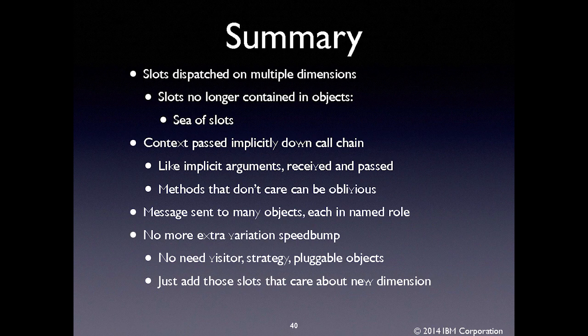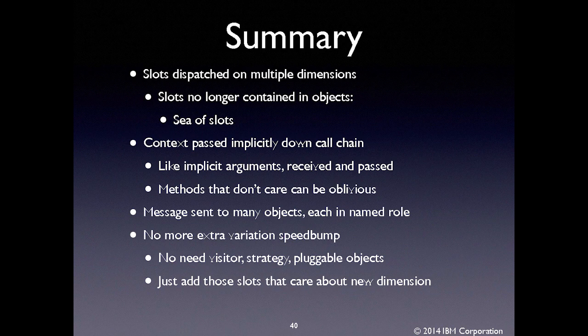So, slots are dispatched on multiple dimensions. Slots are no longer inside of objects. Context is passed down implicitly. A message is sent to many objects, each in a named role. And here's a really interesting one. How many times have you implemented an ontology, a class hierarchy, or whatever, and then a second kind of variation comes along, and you go, dang, I have to do a visitor pattern.